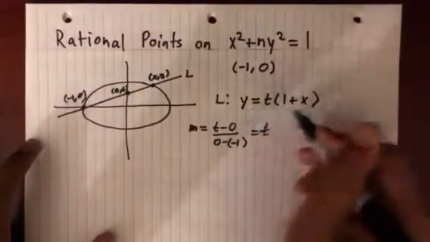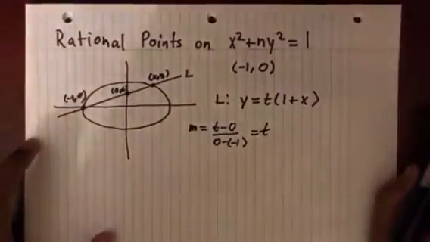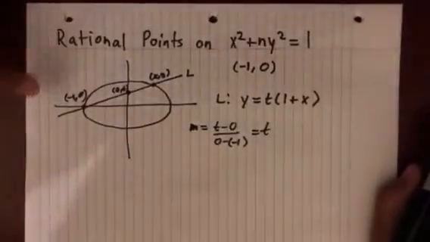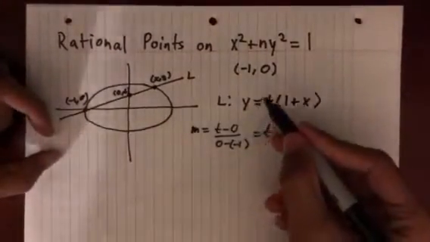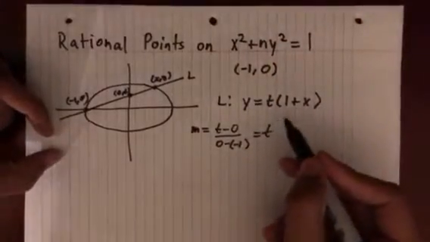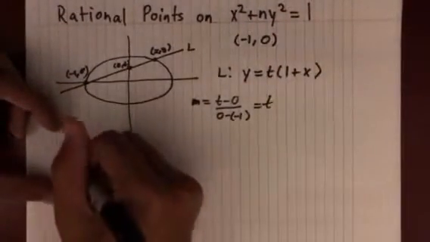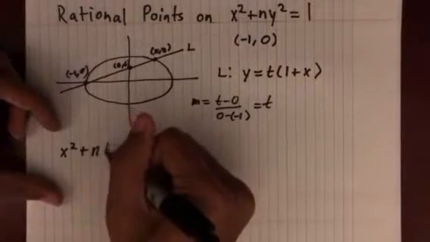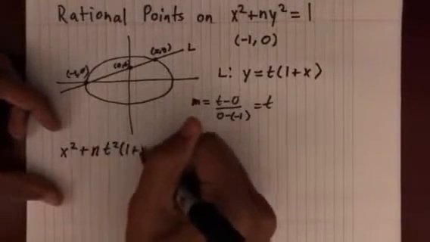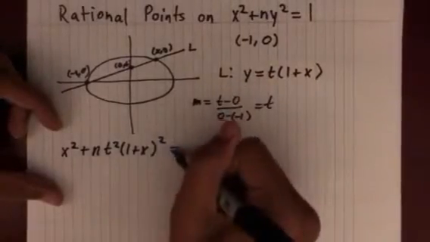And then if I use point slope form, I get this equation. So then we can just plug this in, right? We have two equations, so we get x squared plus n t squared times (1 plus x) squared equals 1.